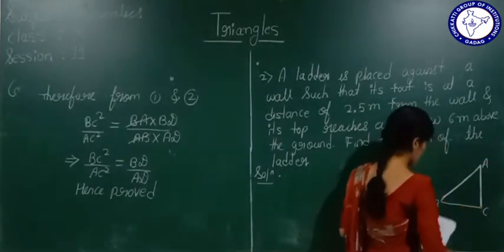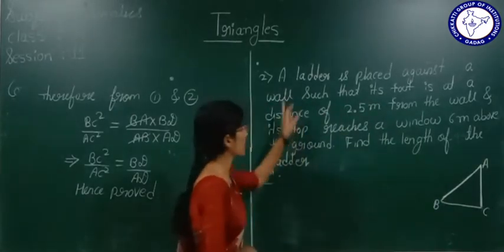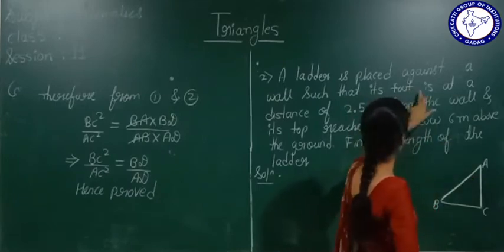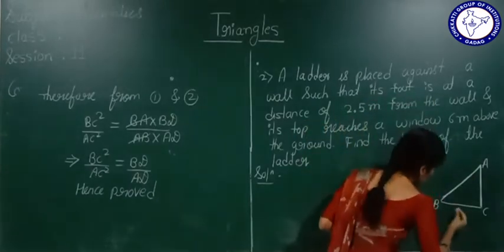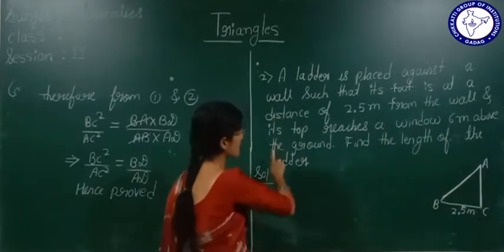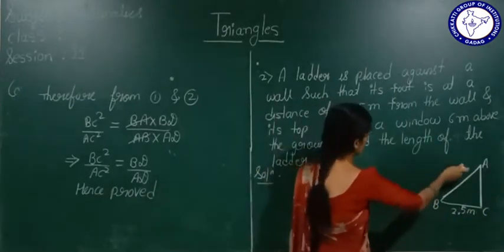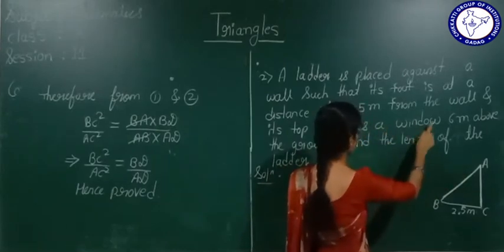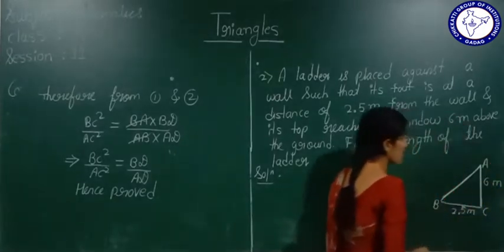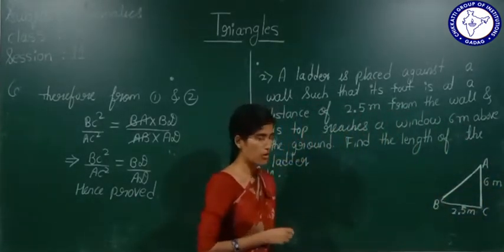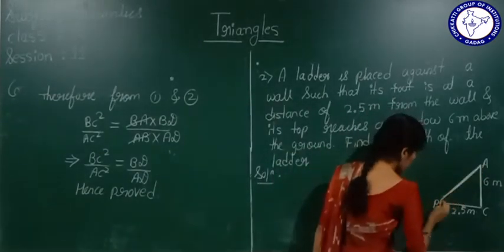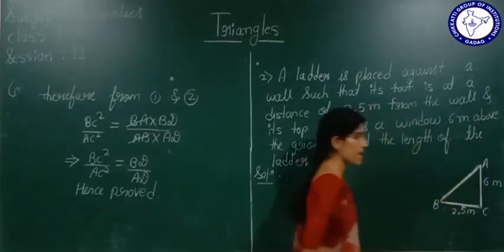Now see here, what they have given here: a ladder is placed against a wall such that its foot is at a distance of 2.5 meter from the wall and its top reaches a window 6 meter above the ground. Means they have given the length of the wall, right? Find the length of the ladder. We have to find the length of the ladder, that is AB.